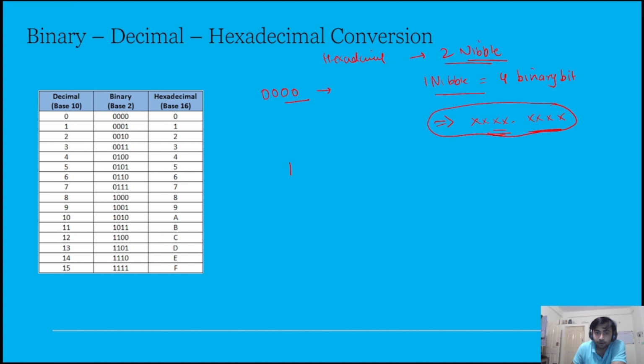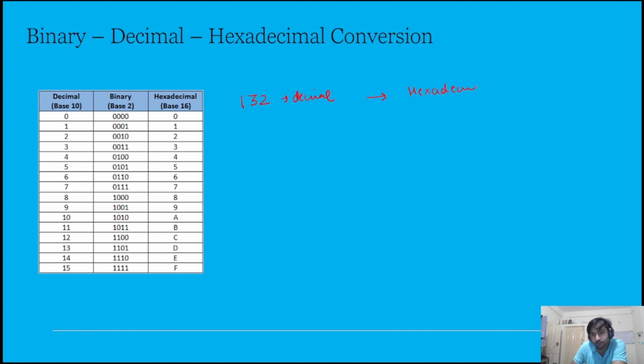So if we got 129, not 129, let's take a little bit more complex. Let's say we have 132 as decimal and we need to convert it into hexadecimal. As you all know, it consists of two nibbles, each of 4 bits.